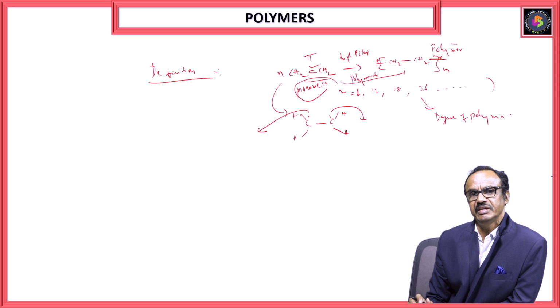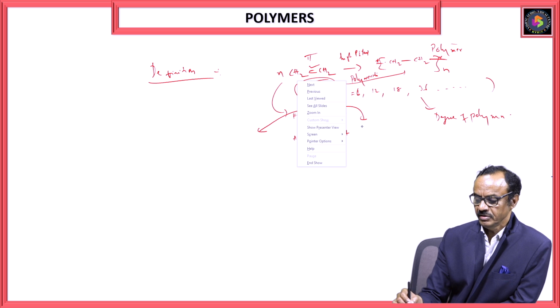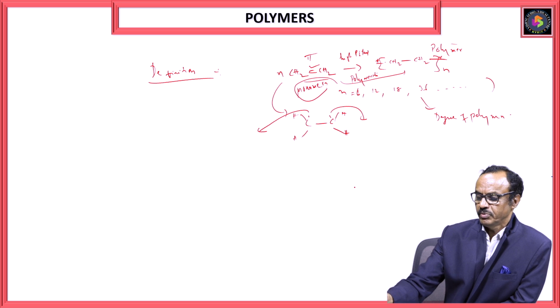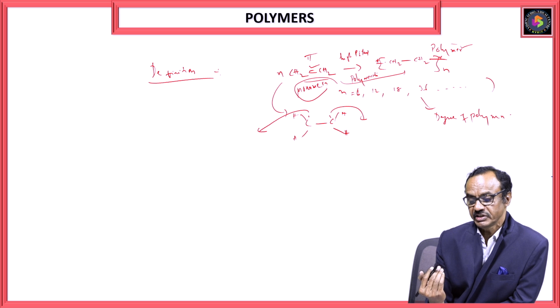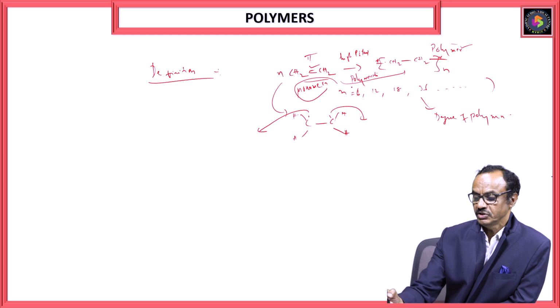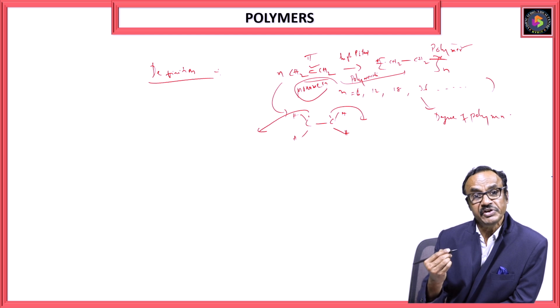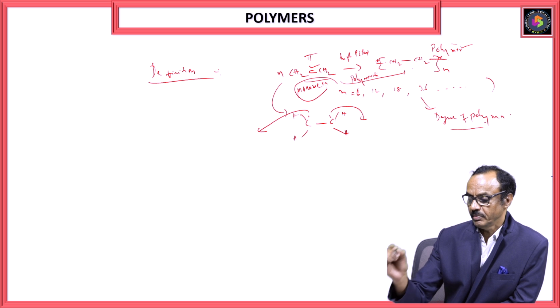A polymer is a lengthy, bulky product formed by the combination of smaller units under the conditions of high pressure. The reactants, the smaller units involved in linking in polymerization, are known as monomers. The process of converting monomers into polymer is known as polymerization. Repeated units in the polymeric chain are known as the degree of polymerization.